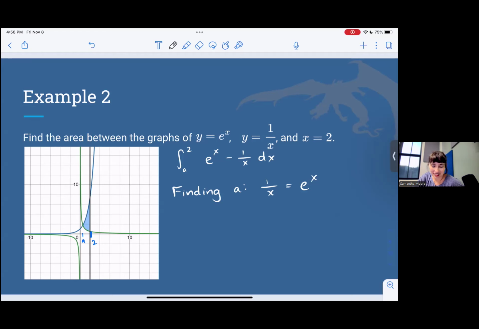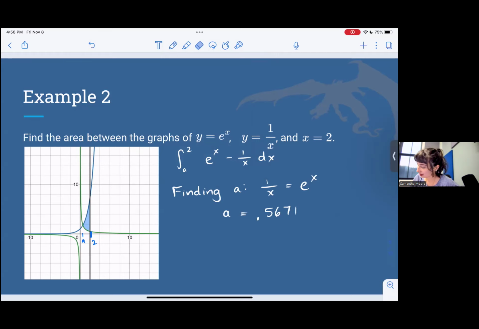Sorry, I'm asking for the nice number and it's not giving me. Okay, there we go. So in this case, what it's saying is that I should get A being about 0.5671.